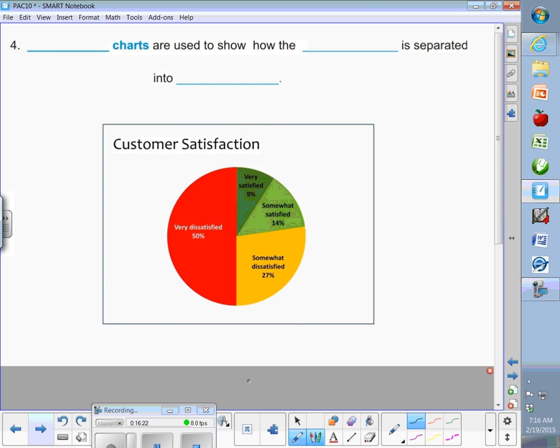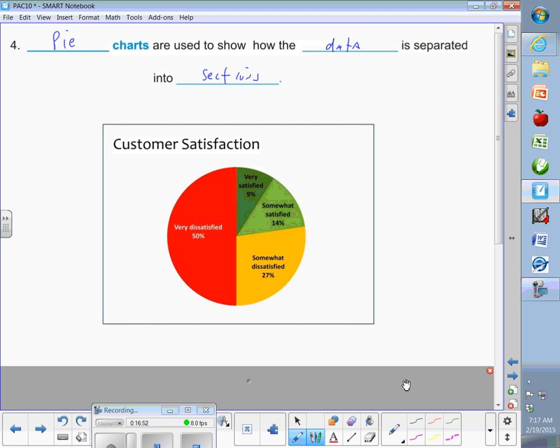Okay, so what else? Well, next come pie charts. All right, so number 4, pie charts, pie graphs. What are they? Some call them circle graphs. They are used to show how the data is separated into sections.